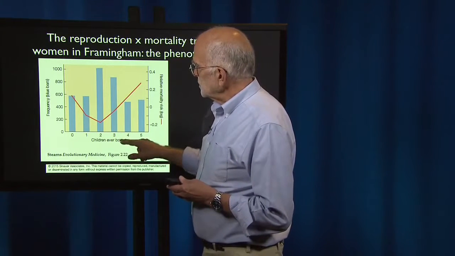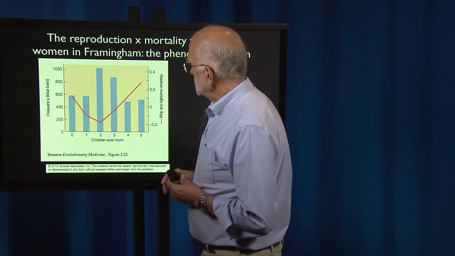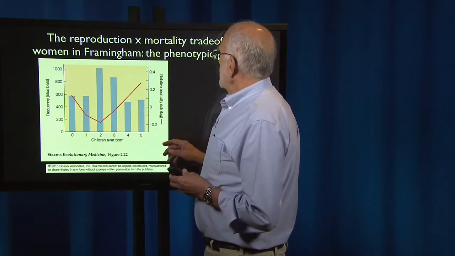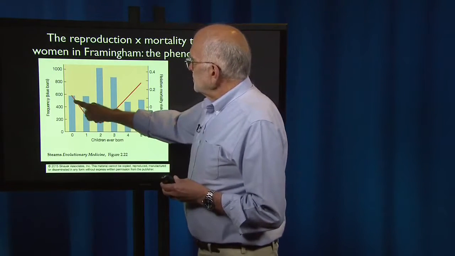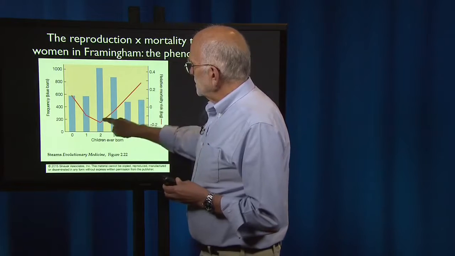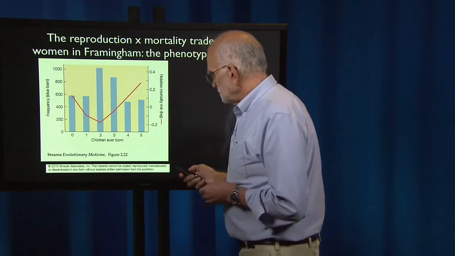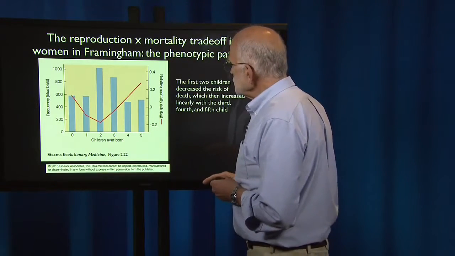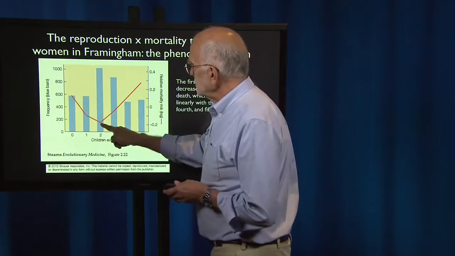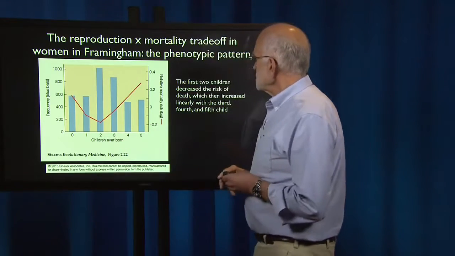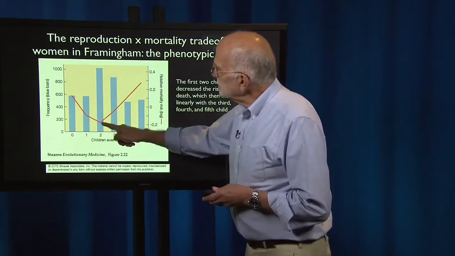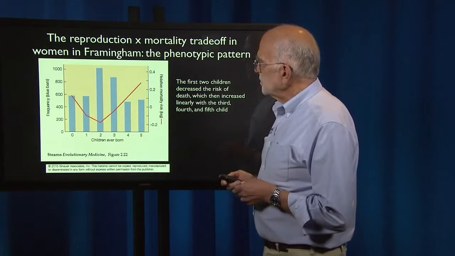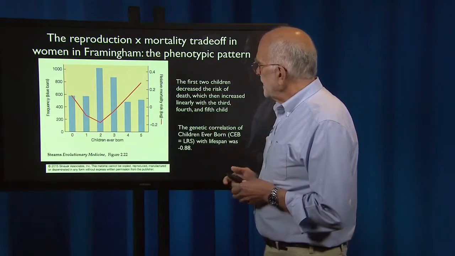That's CEB, children ever born, or lifetime reproductive success. This is their relative mortality risk here. Okay? So, the first 2 children, these 2, decreased the risk of death, and it then increased linearly with the 3rd, 4th, and the 5th child.